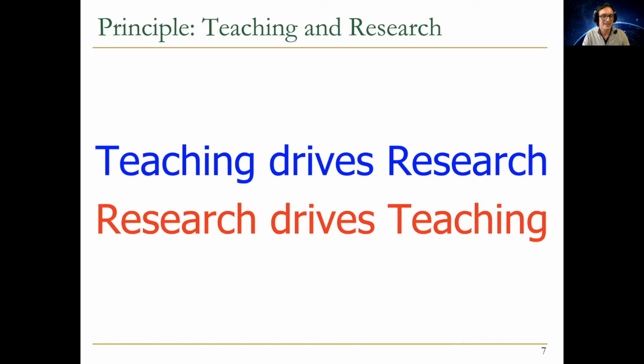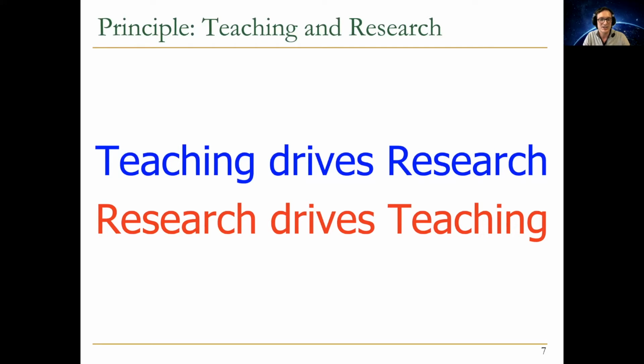Okay, let me introduce myself a little bit based on where I'm coming from. Hopefully you can get a good idea of your lecturer, and that gives you an idea of my mindset. I strongly believe in what's written on this slide: teaching drives research and research drives teaching. Innovation is built on these two components in the end.